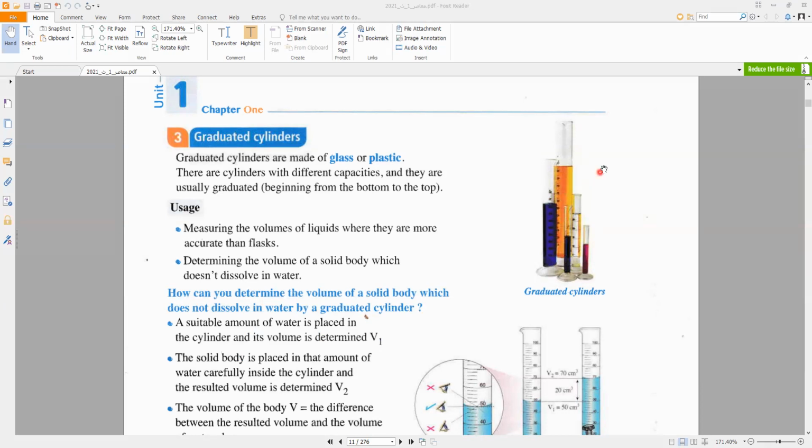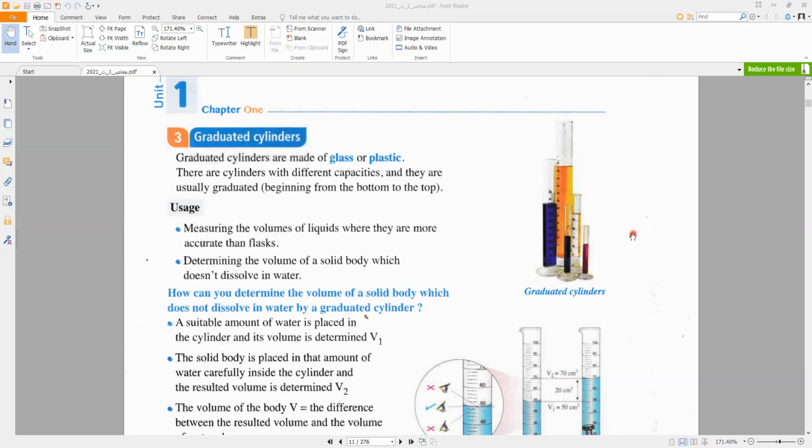Number one, we bring the cylinder with a known volume of water, like 100 or 50 milliliters, and put the key in it. We know that the water rises up.